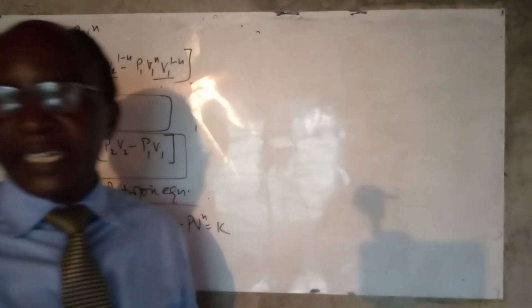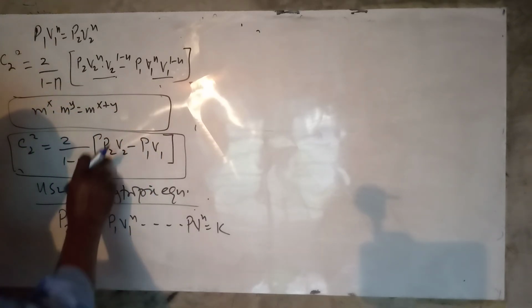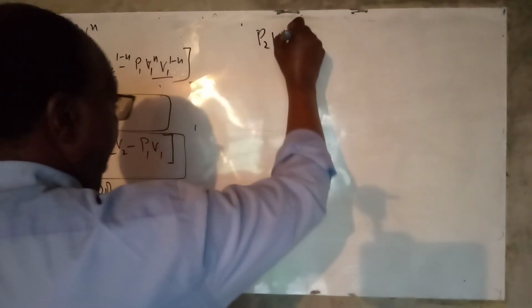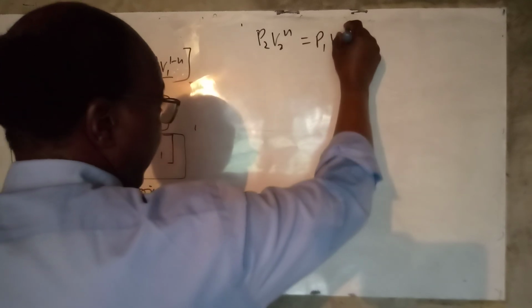And now remember that for ideal fluids or ideal gases, that polytropic expansion index is gamma, which is the ratio of the heat capacities. Now, if we get the expression for P2 and for V2, we have P2 V2^n equals P1 V1^n.